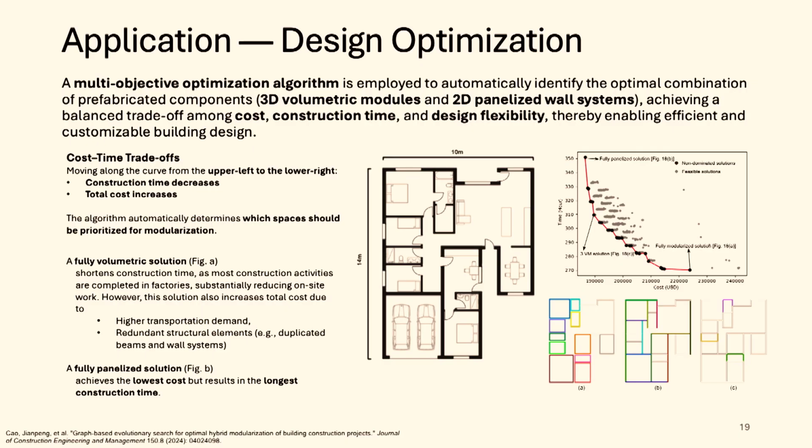In the previous slides we saw that, given a floor plan, we have various modularization strategies. So this optimization engine will help you locate which modularization strategy is more cost efficient or gives you the shortest construction duration.